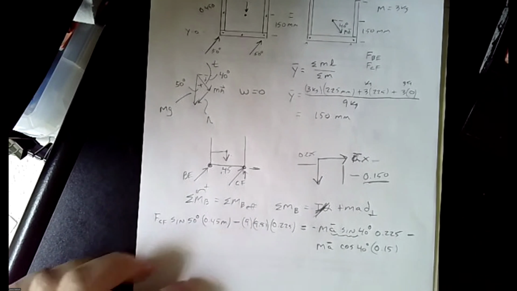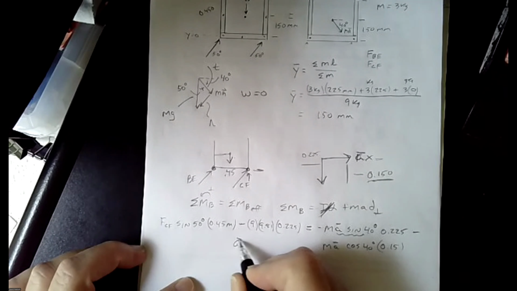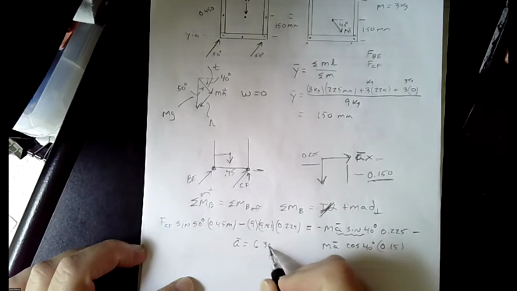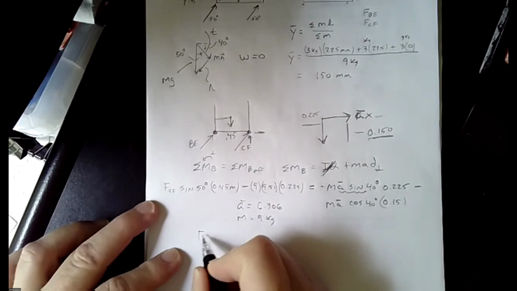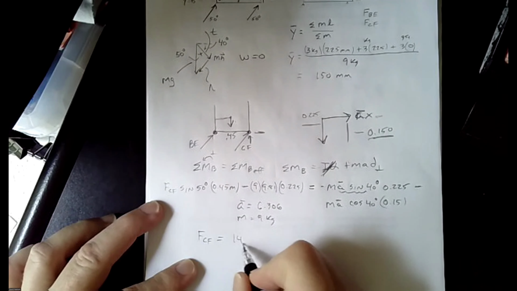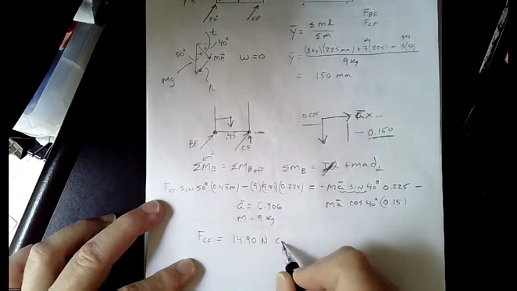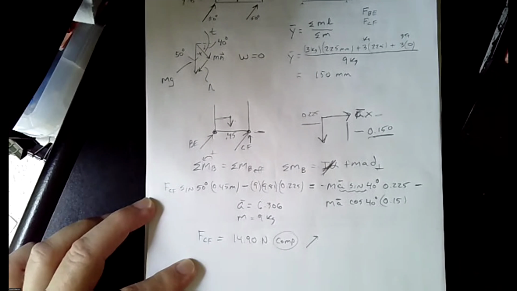So if we substitute A bar, which was 6.306, and the mass of 9 kilograms, then you can solve. I'll leave that to you, F df, and that gives me 14.90 newtons, and that's in compression, pointing up, although we usually don't ask you this.